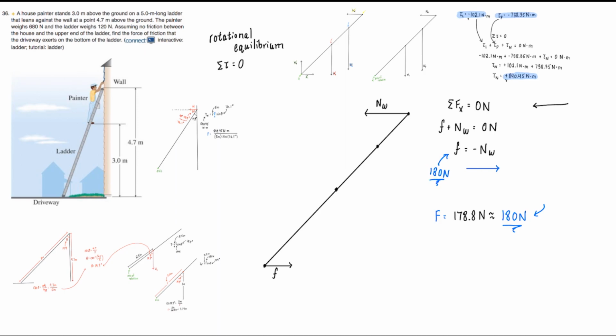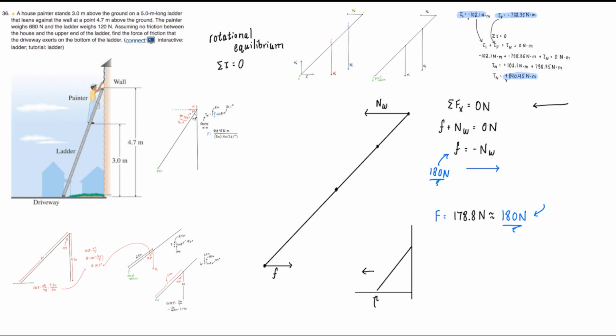Another way you can think of this is, say we have our ladder here, and we have the wall and our driveway. If we didn't have any friction at this point down here, this ladder would slide to the left.